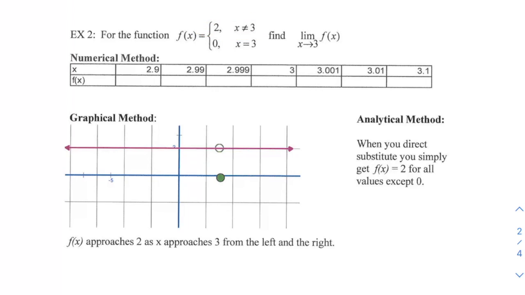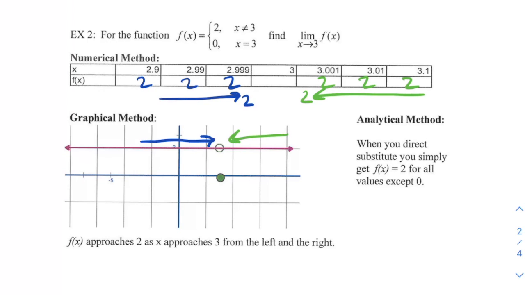So basically, I know in my table that these are going to be 2's, and these are going to be 2's because all of those values are not when x is 3. So clearly, what I'm approaching from the left is a 2, and what I'm approaching from the right is also a 2. However, what's actually happening at 3 is different, right?